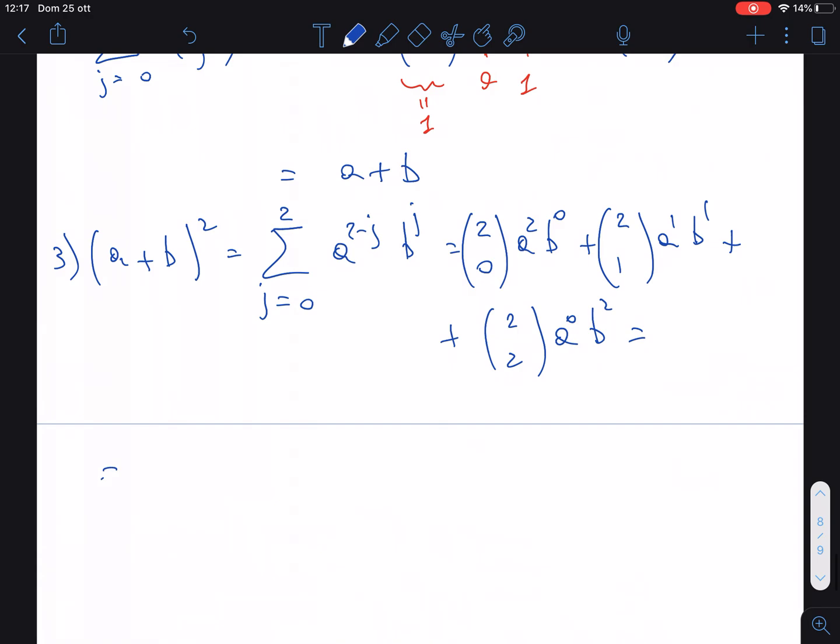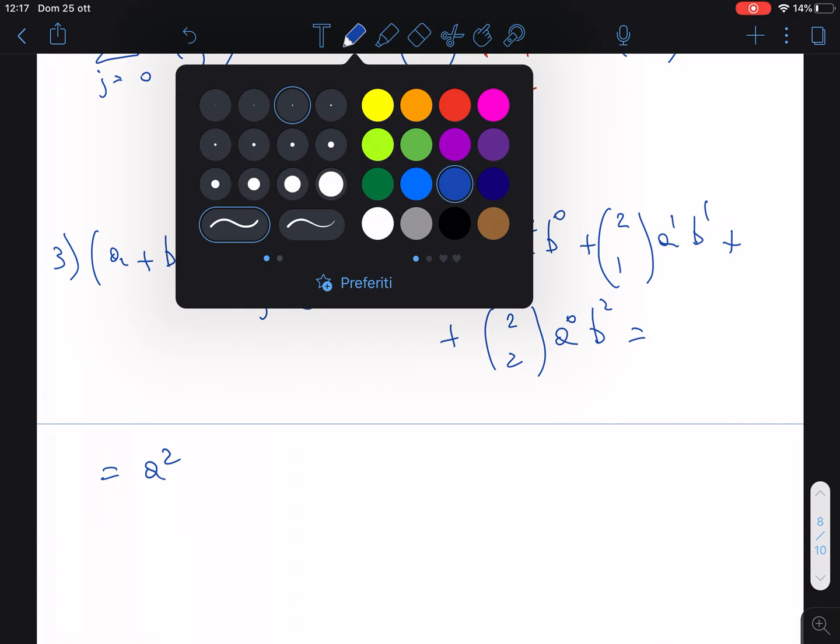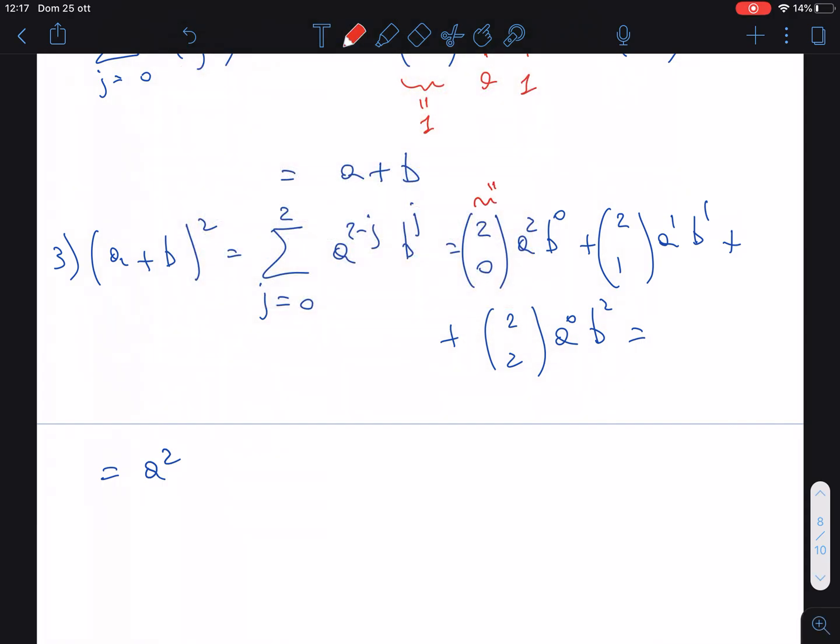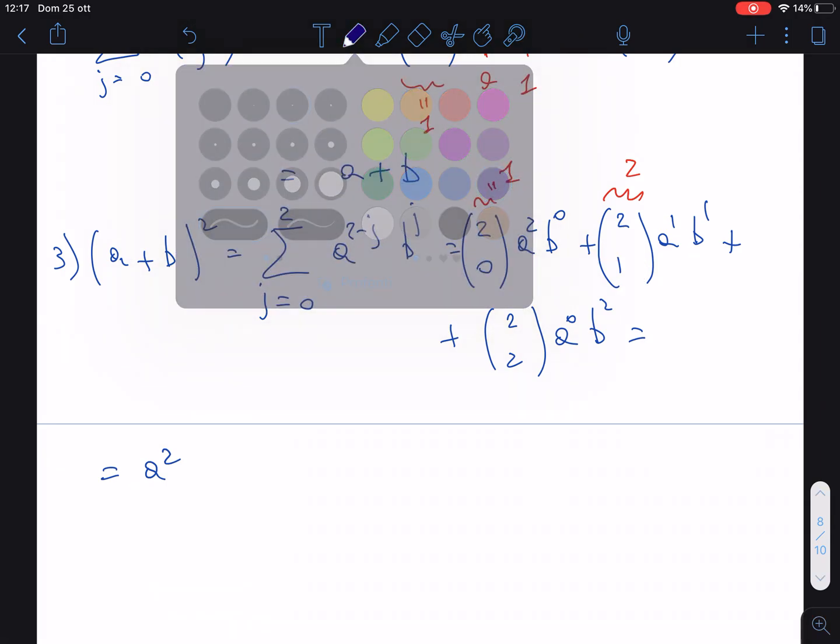And so what you find at the end is a squared, because this coefficient is equal to 1, plus this coefficient is equal to 2, because there is 1 here. You know, when 1 is downwards, then you replicate the number which is upward.